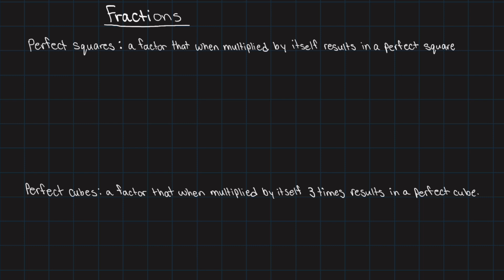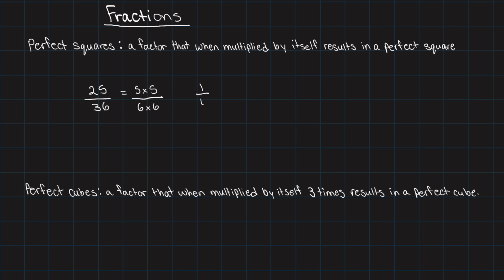So if we're talking about perfect squares, an example could be 25 over 36, because 25 is a perfect square, because 5 times 5, and 36 is also a perfect square because 6 times 6, so that works.